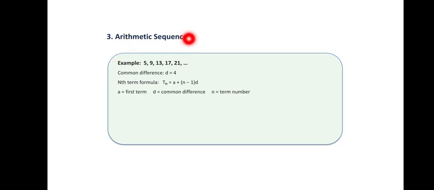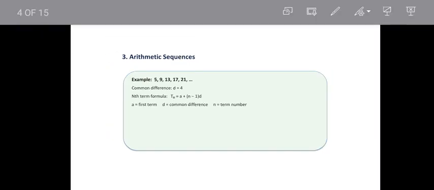So when it comes to arithmetic sequences, you're using two symbols, a plus and a minus. Either you're adding or you're subtracting. So to go from 5 to 9, 6, 7, 8, 9, we add 4. To go from 9 to 13, you also add 4. So that's why we are saying that in an arithmetic sequence there is the same difference.